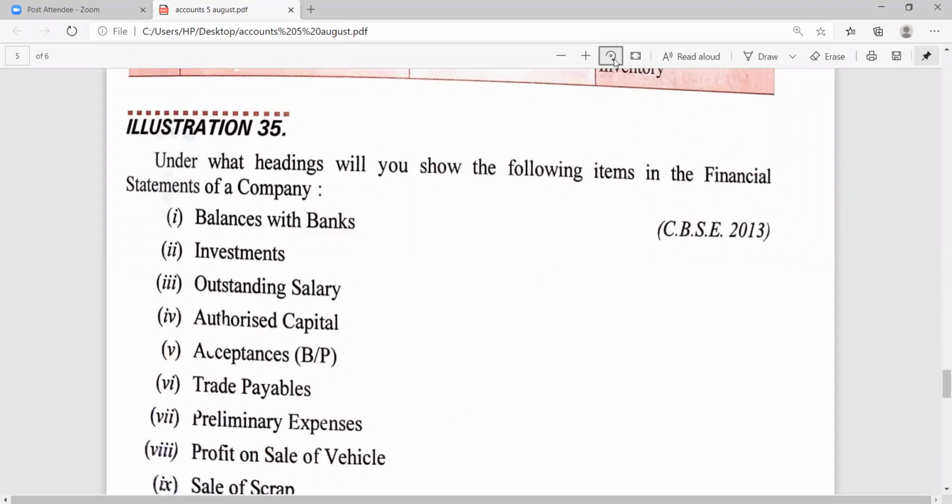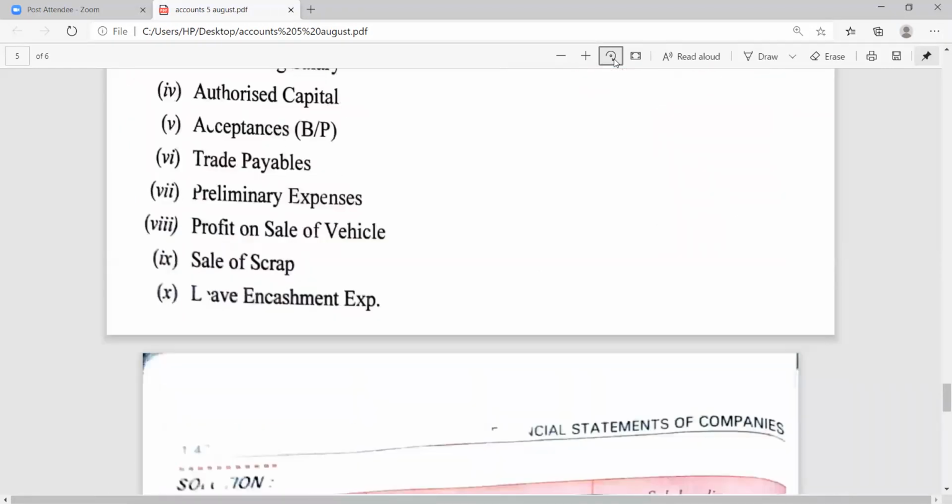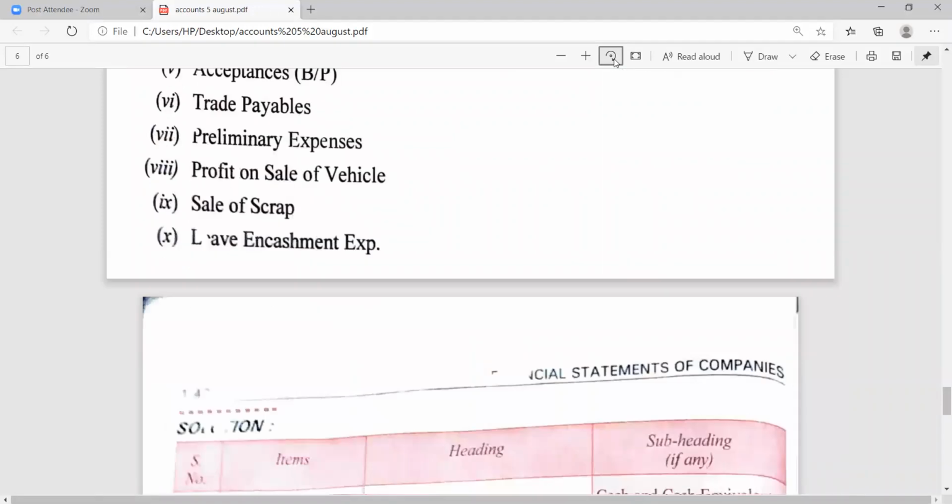Under what heading will you show the following items in the financial statement of the company? Balances with bank, investments, outstanding salaries, authorized capital, acceptances meaning bills payable, trade payables, preliminary expenses, profit on sale of vehicle, sale of scrap, leave encashment expense. How is it to be dealt with?